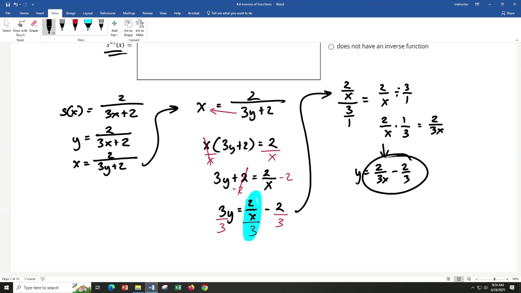And I'm very confident that's my answer because I'm not going to do it right here, but in your notes, I do check it by taking that function and placing it back inside the original function, and I get back to my original x. And so then I know, hey, the math worked. 100%, not even worried about it. Well, and for you, you're lucky, you get a green bar that lets you know.